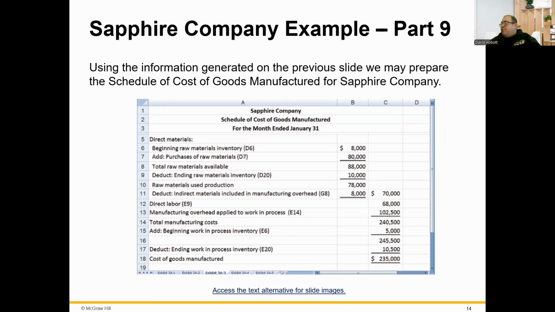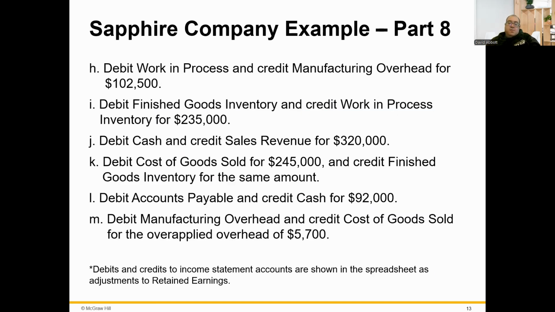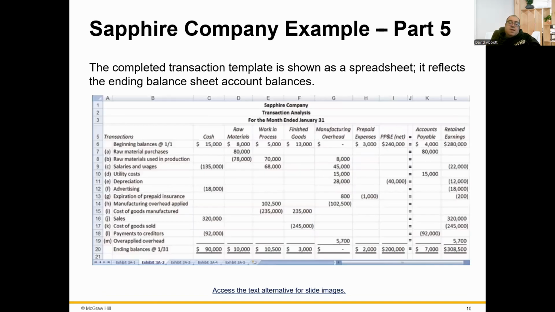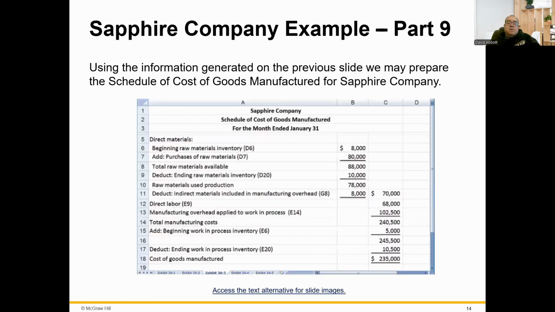So the cost of goods manufactured, 235,000, equals the cost of goods manufactured set up in transaction I. So if we go back, transaction I is where they did the cost of goods manufactured and how that was done, moving from the work in progress to our finished goods. And again, we can see here everything broken down.